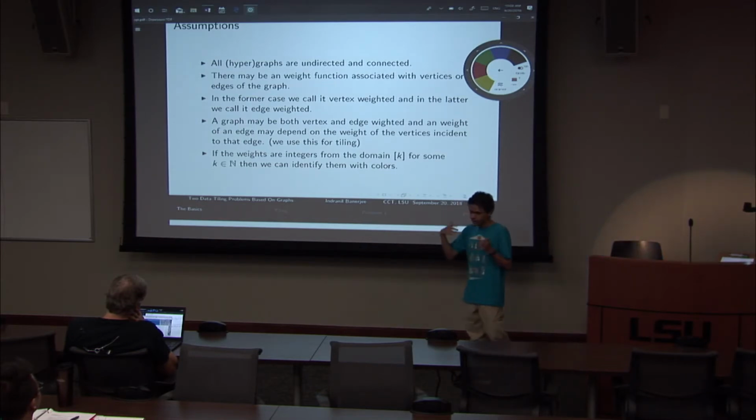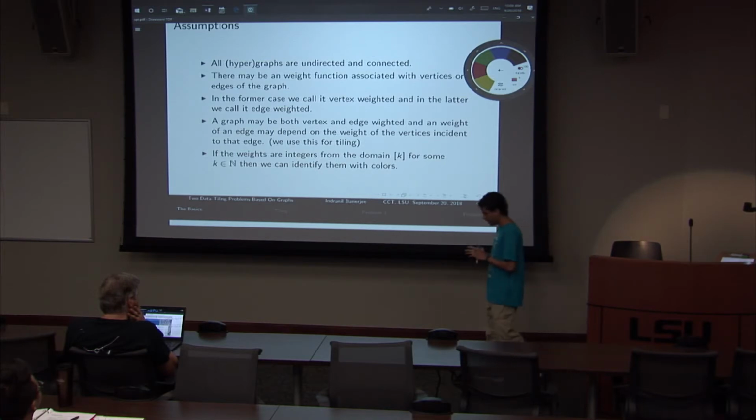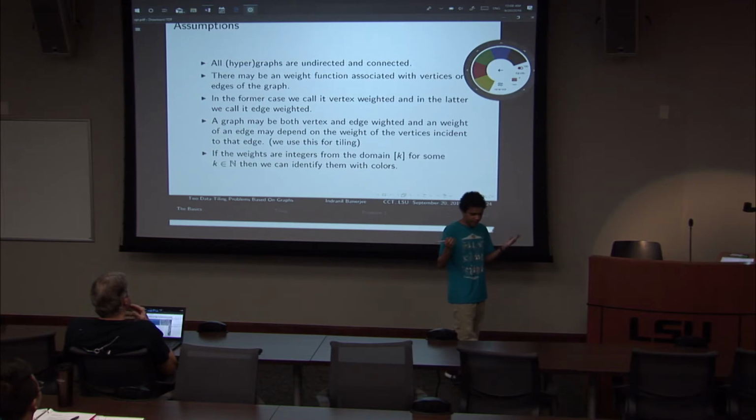We may use this type of formulation later in how to characterize tiling. So you're equating a weight and a color? Is that what you're saying? You could, if the weights come from a fixed integer domain. Say the weights could be either 1, 2, or 3. You might as well represent them with red, blue, and yellow.